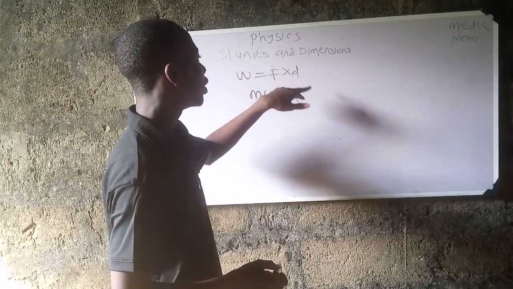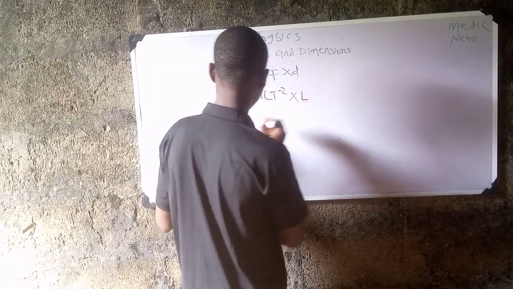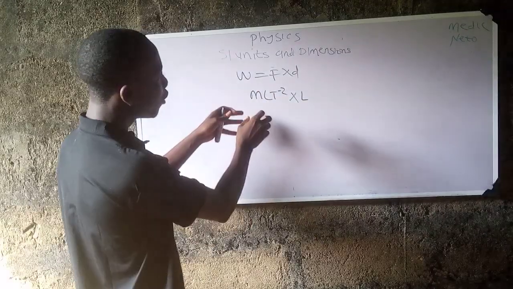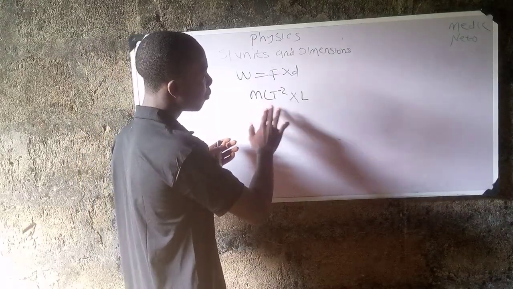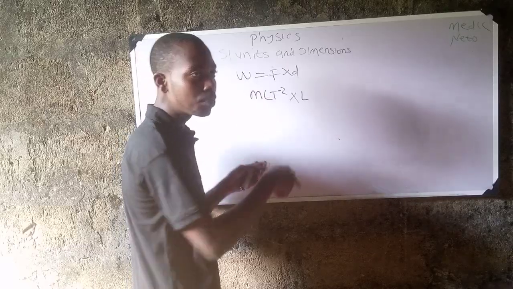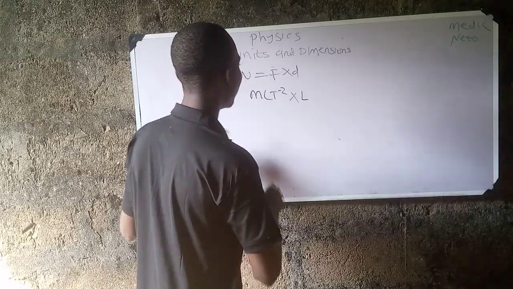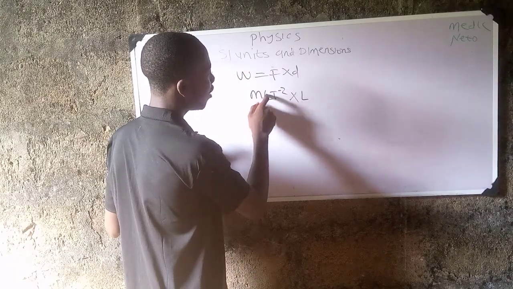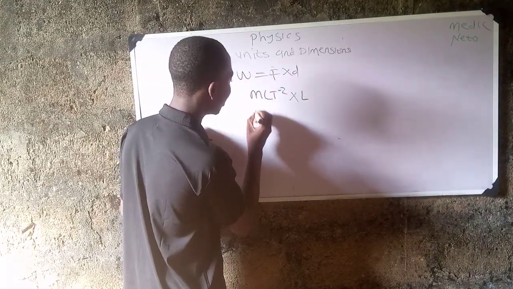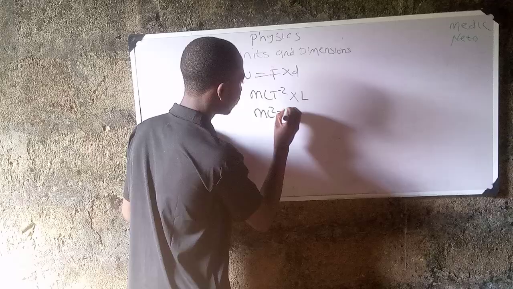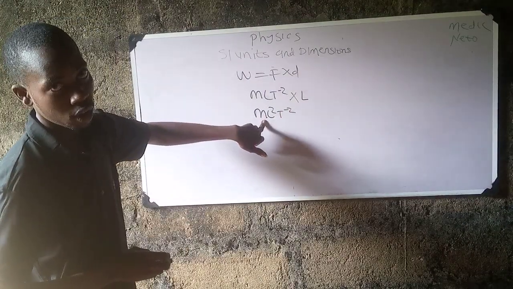So since distance is measured in meter and length is measured in meter, we are going to use length, which is L. Now the rule, I'm going to use indices, which says if you are multiplying, you keep the base and add the powers. So L times L will give me L^2. This is how I'm going to get my work, which is ML^2T^-2. This is the dimension of work.